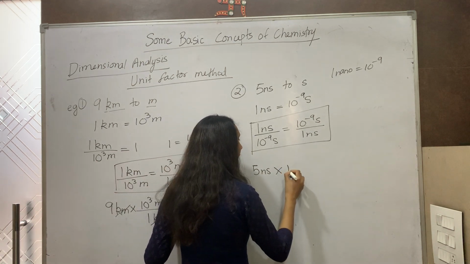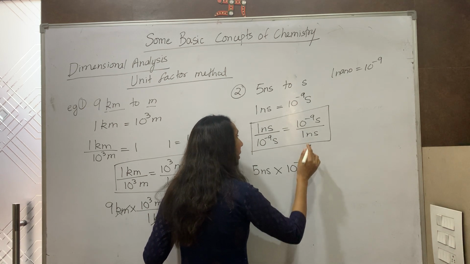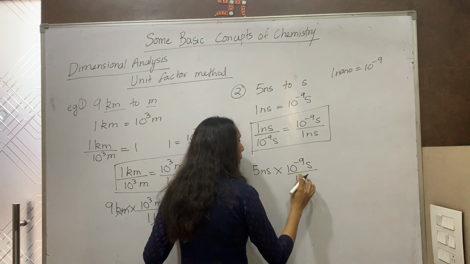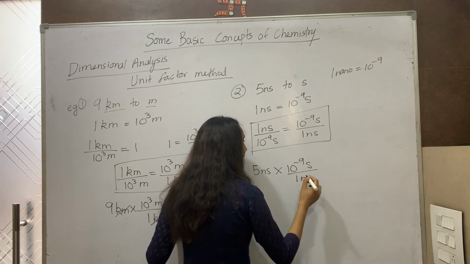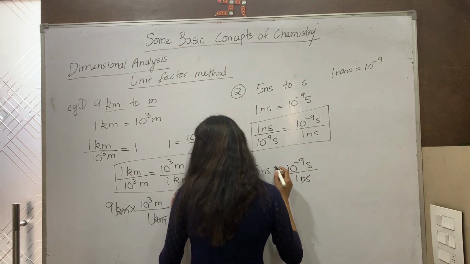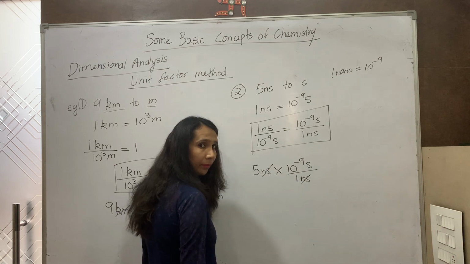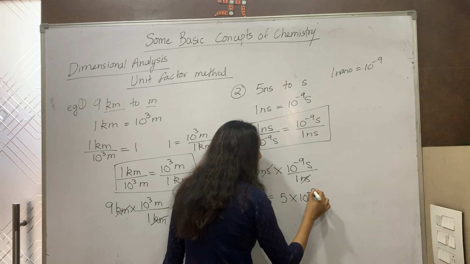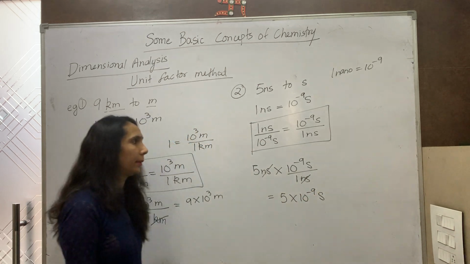So 5 nanosecond multiplied by 10 to the power minus 9 second upon 1 nanosecond. Nanosecond gets cancelled. So the answer is 5 into 10 to the power minus 9 second.